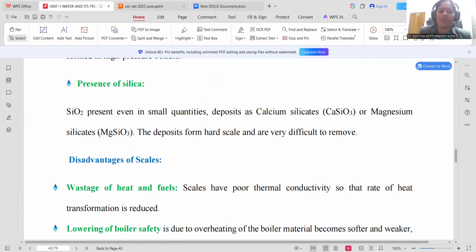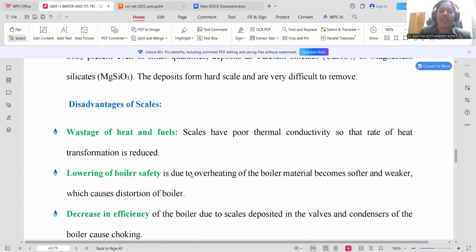And in another case, magnesium may bind with silica, and there is a formation of magnesium silicate. It's a very hard scale, very difficult to remove if such scales originate within the boiler. If sand is present within the water, it is very difficult to remove them. So this is the way silica is also one of the causes for scale formation.